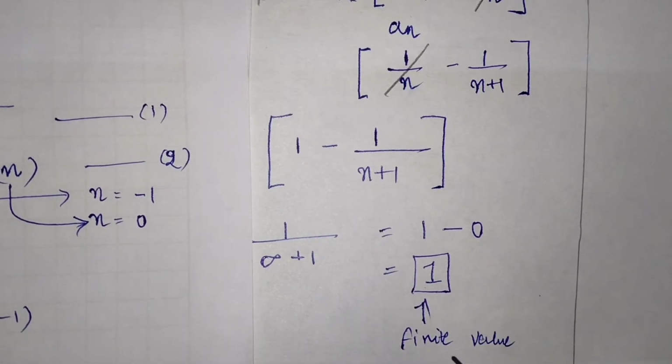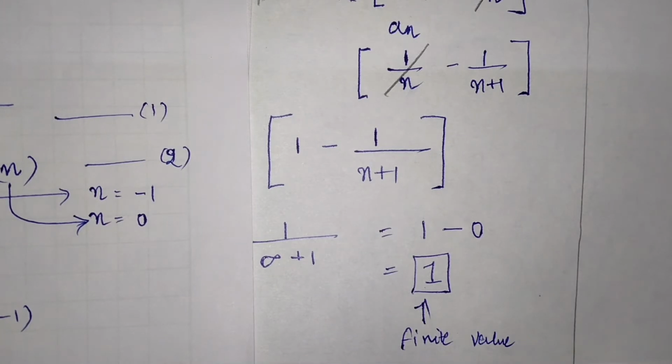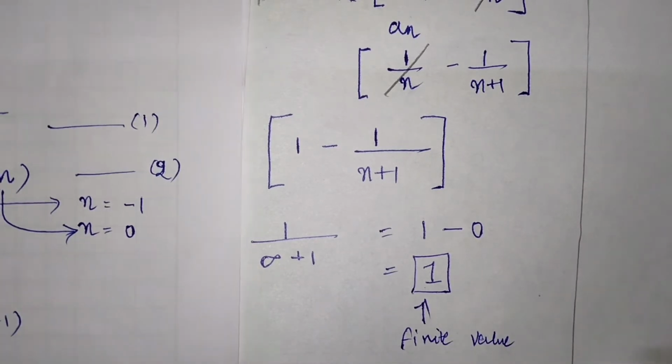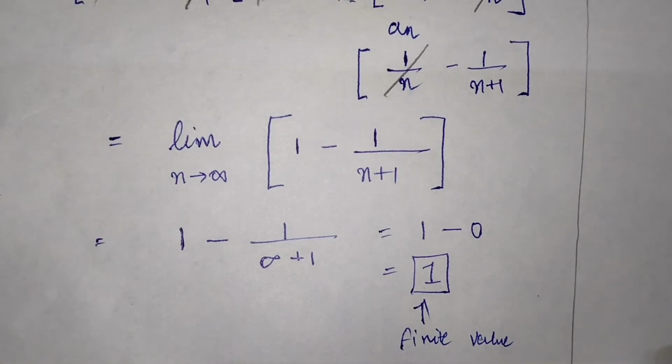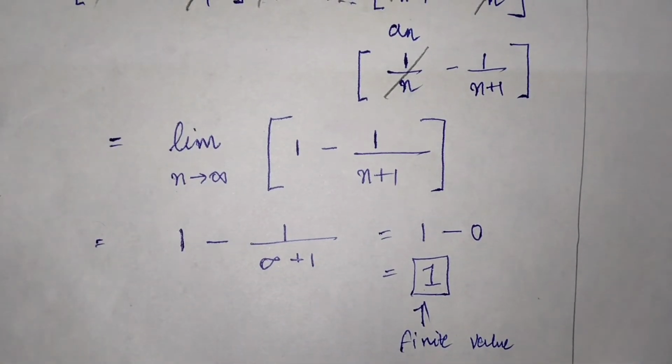Such type of series are called telescoping series. Okay? It means it leaves only a fixed number of terms after simplification. So we got a finite value even if the question was given in the form of infinity.